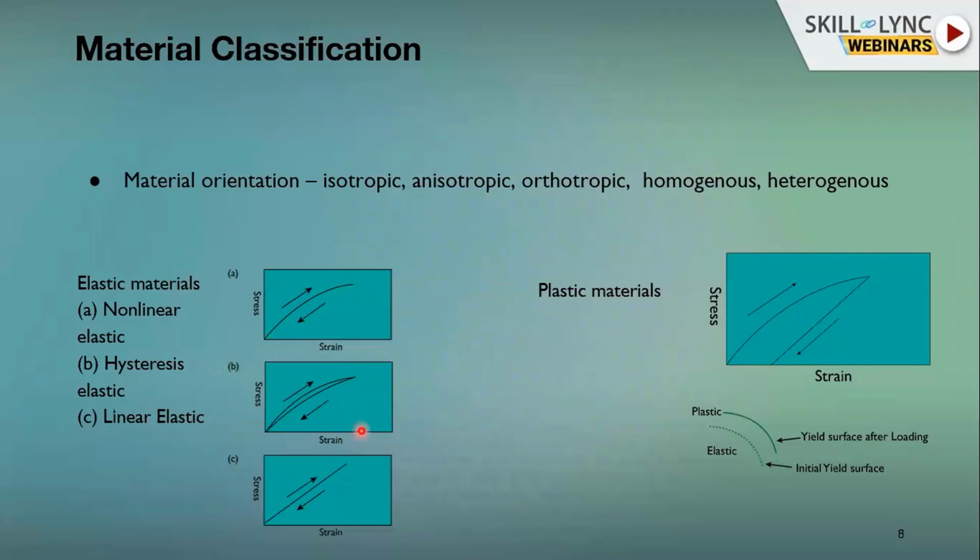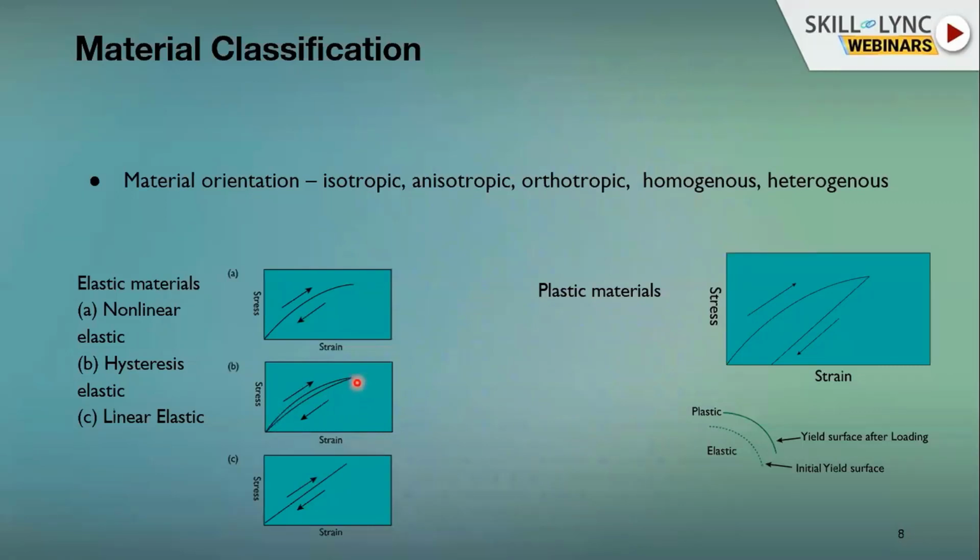And when we talk about graph B, this is quite interesting. It's a very special material which belongs to the elastic material. However, when it starts loading and you remove the load suddenly at a certain point, it is not going to follow the same path. You must have heard about the word hysteresis, probably in your magnetism.